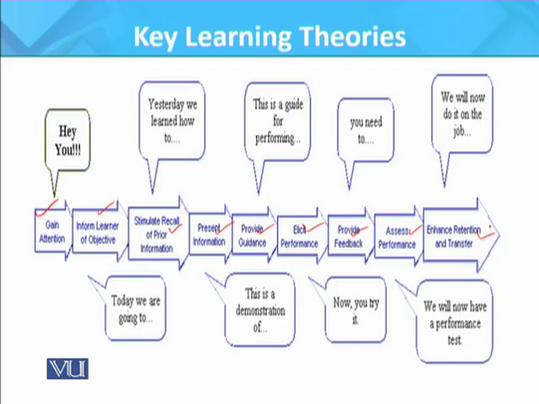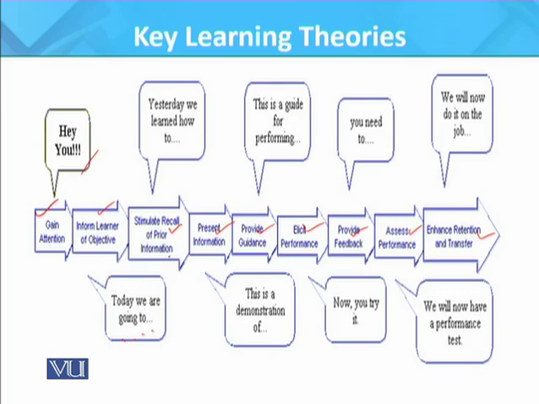So how do you go about these levels in terms of a particular event? So, "Hey you." Now this refers to gaining attention. Inform learner of objective: today we are going to perform the dance, or today we are going to invite people. You need to provide the information about the objective.